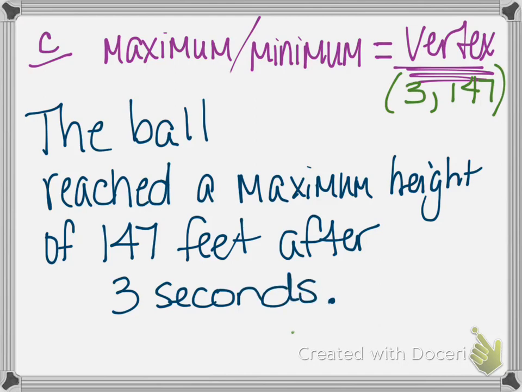Remember, x is your time, so this is your seconds, and y is your height, so this is your feet. That's why the vertex helps us find the maximum. After 3 seconds, the ball reaches a maximum height of 147 feet.